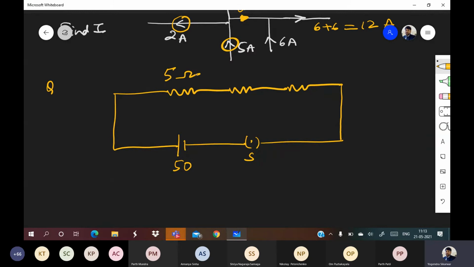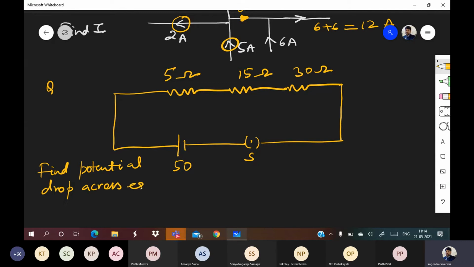So 5 ohm, 15 ohm, and 30 ohm. The question is: find the potential drop across each resistance. I want all of you to answer this.